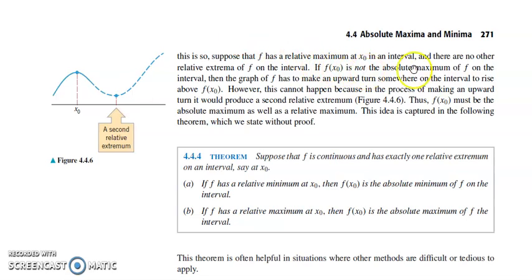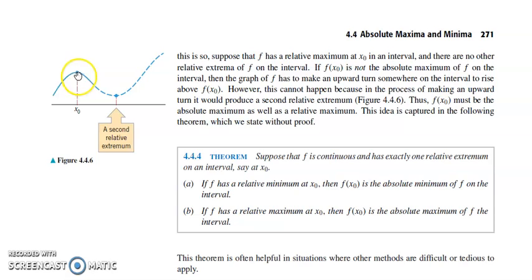So if f of x naught is not the absolute maximum in the interval, then the graph has to make an upward turn somewhere on the interval to rise above f of x naught. But this cannot happen because in the process of making an upward turn, it will produce a second relative extremum. So this is not possible since there is only a single extremum. Therefore, f of x naught has to be the absolute maximum value.